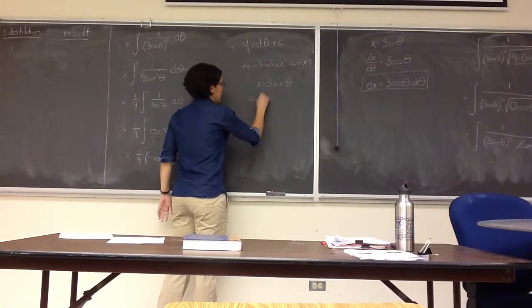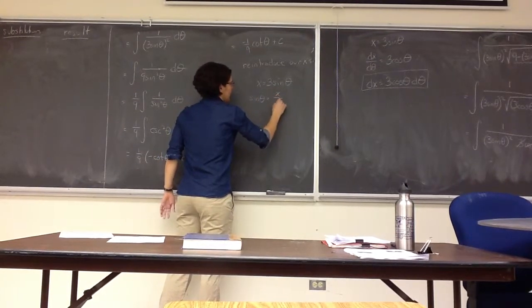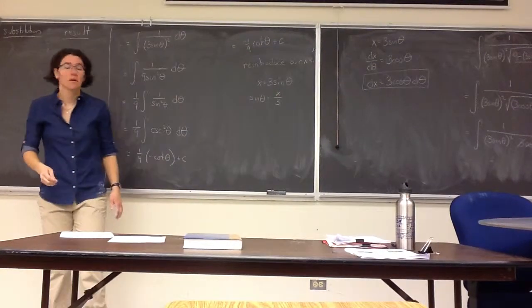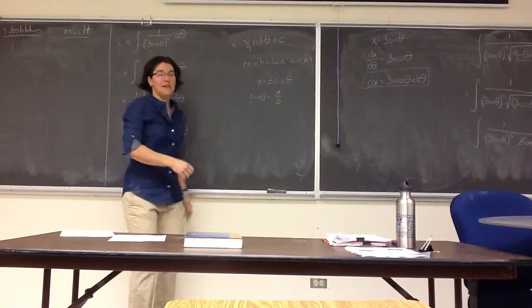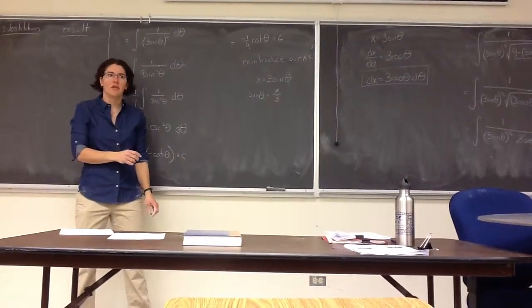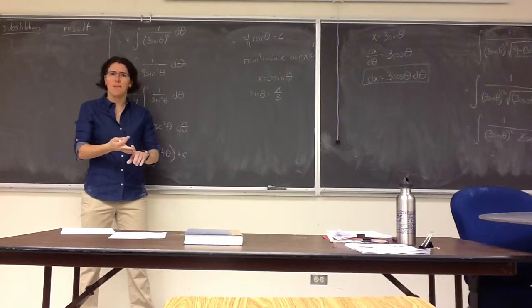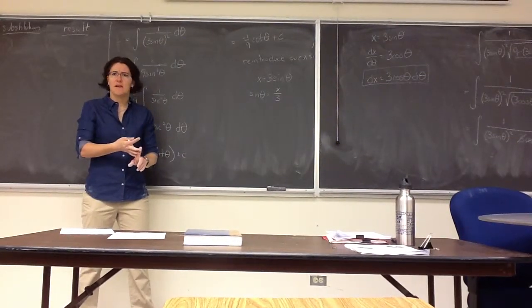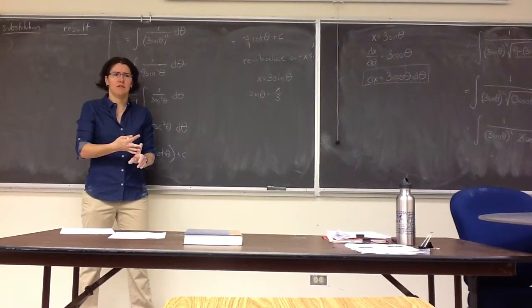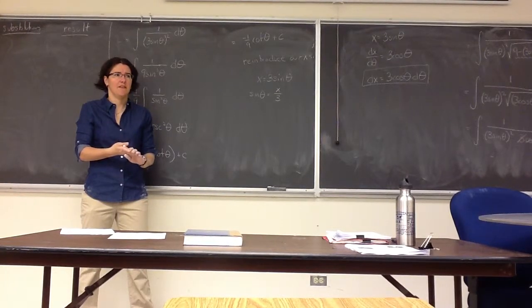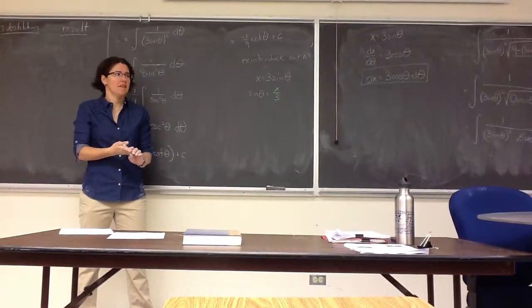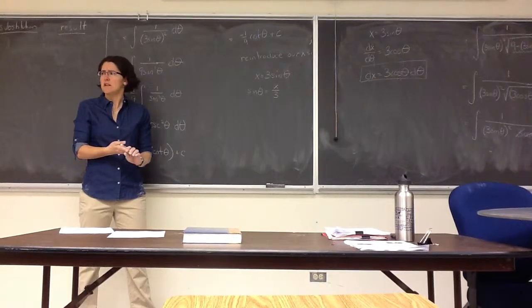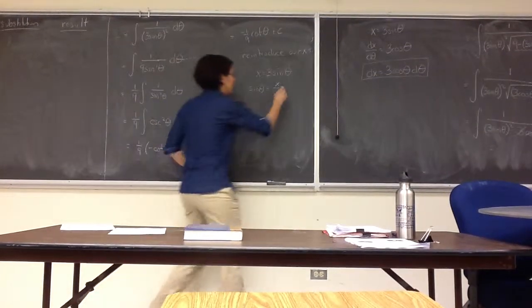If I solve for sine of theta, I get x over 3. In terms of right triangles with opposite, adjacent, and hypotenuse, sine of theta is what ratio? Opposite over hypotenuse.